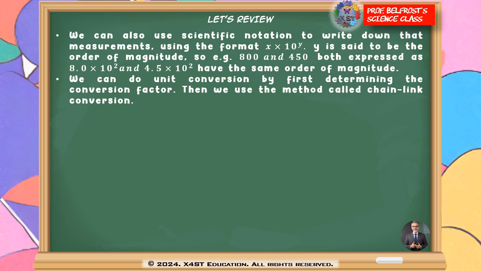Okay. We can do unit conversion by first determining the conversion factor. So a conversion factor is actually a factor for converting one physical quantity to another physical quantity that expresses the same thing but in a different amount.